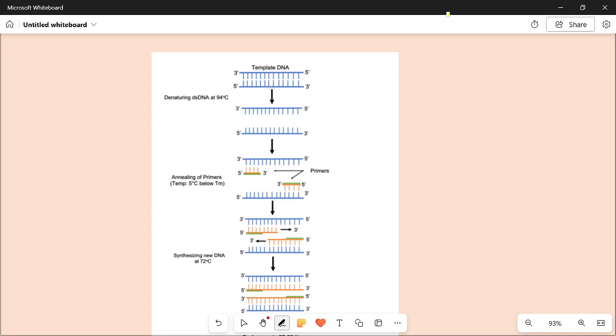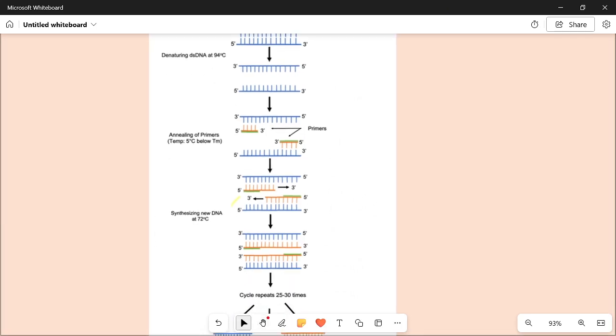We bring the temperature down, and the primers bind to the single-stranded DNA by complementary base pairing.